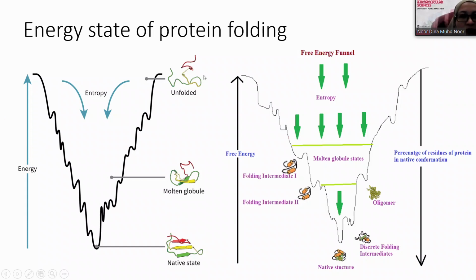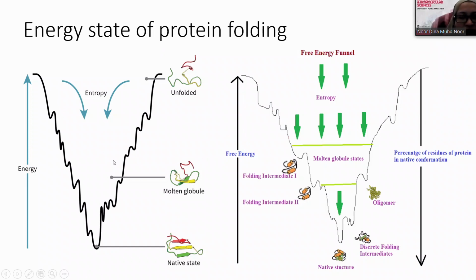By the way, this is what we call the protein folding funnel. The higher the energy, the protein is actually not stable. So this is the same funnel concept. We have the free energy here.